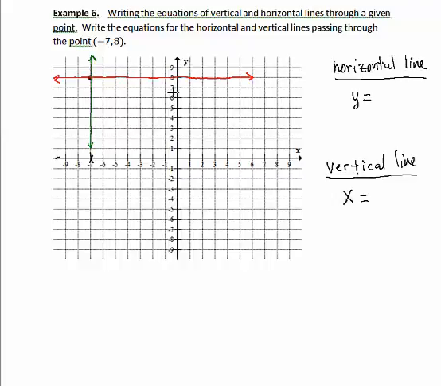If we draw the vertical line, where does it hit the x-axis? -7. So the equation for the vertical line is x equals -7. If we draw the horizontal line, where does it intersect the y-axis? 8. And so the equation is y equals 8.